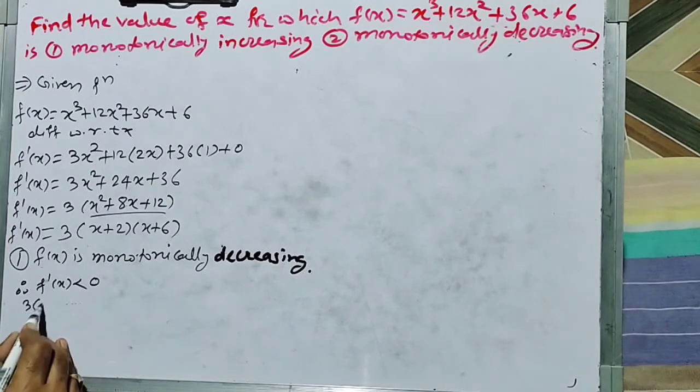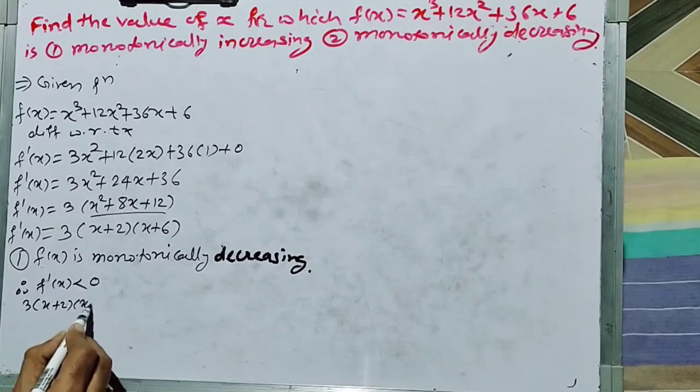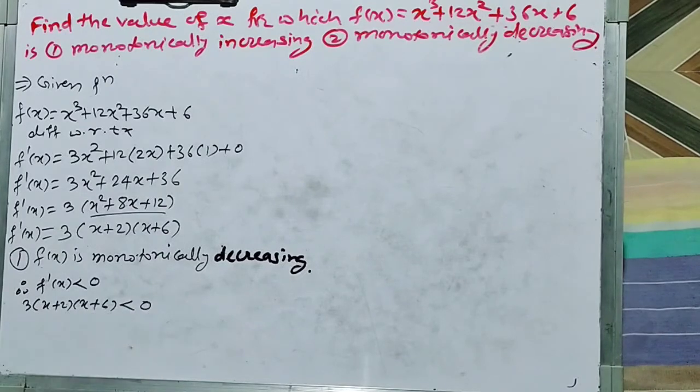It means here 3 into x plus 2 into x plus 6 is less than 0. It means x plus 2 into x plus 6 is less than 0. It means the product of two numbers is negative. It means one of them must be negative.